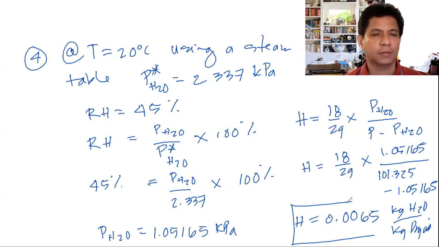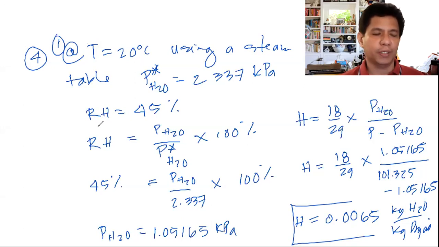Okay? So, how many steps? Isa, kinuha muna natin yung P star H2O using a steam table. And I'm going to send you a steam table in DBL. Pero kung may handbook kayo, meron din doon. May badness kayo.